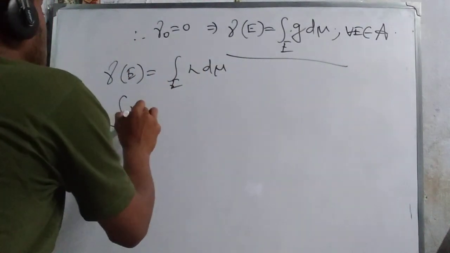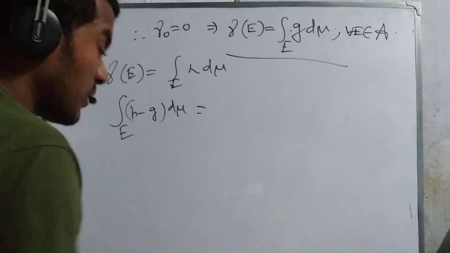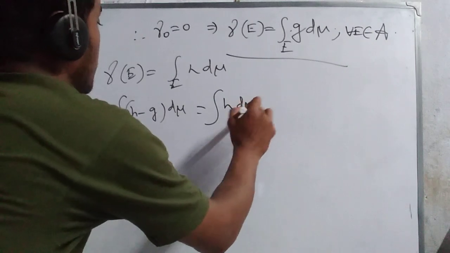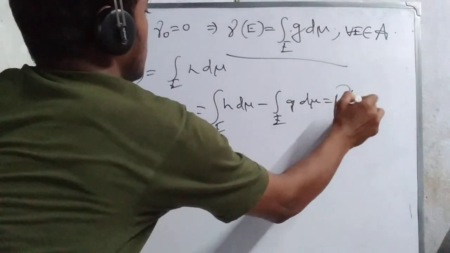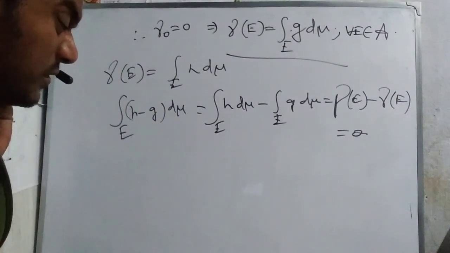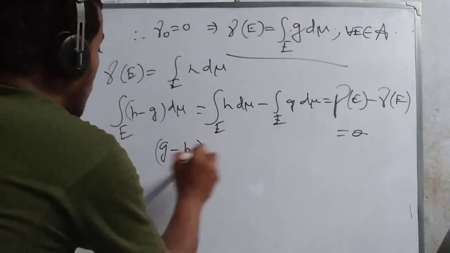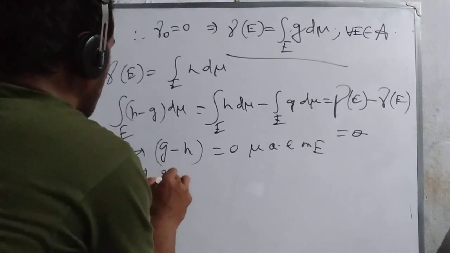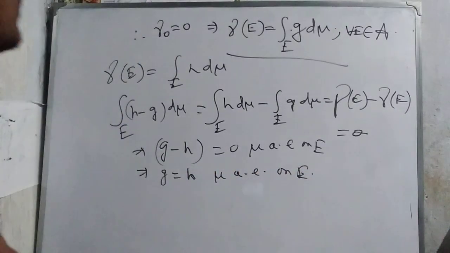Then the integral over e of h minus g d mu equals gamma e minus gamma e, which equals 0. Then obviously h minus g equals 0 mu almost everywhere on e, which implies g equals h mu almost everywhere on e. This one is done.